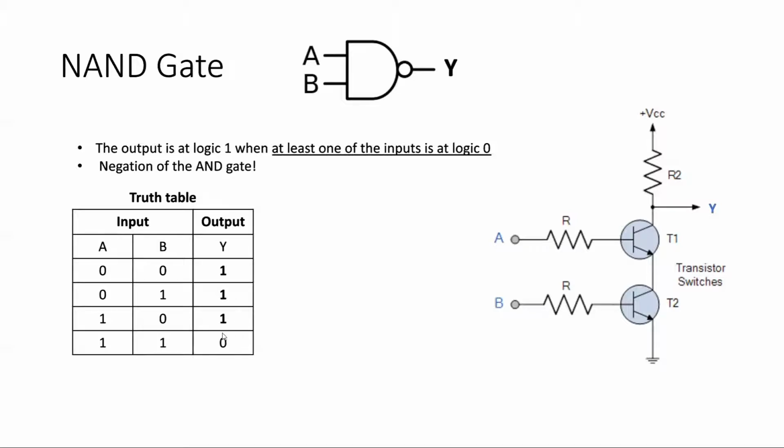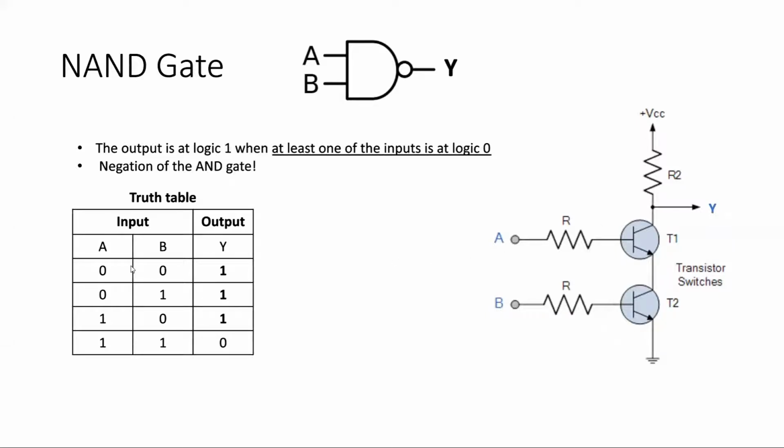In the AND gate, only at the last row, the output was 1, but here it is the opposite. So in all the cases where at least one of the inputs is 0, the output is 1. And its implementation using transistors is the same as the implementation of AND, just that the output and the resistor connected to it should come before the first transistor.